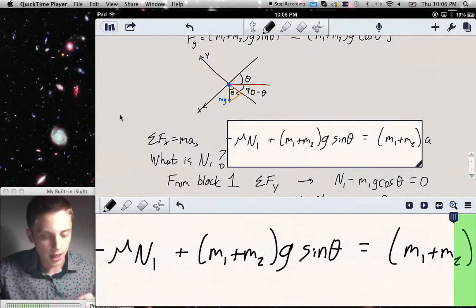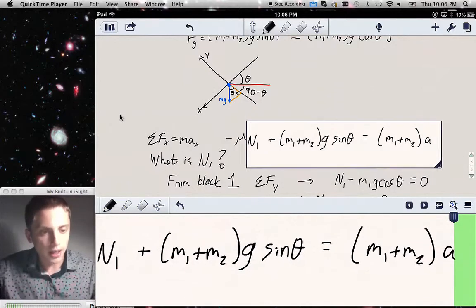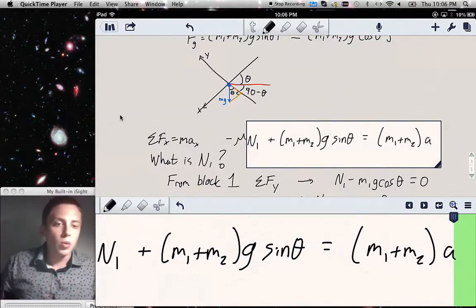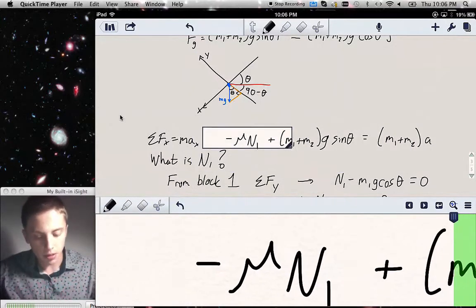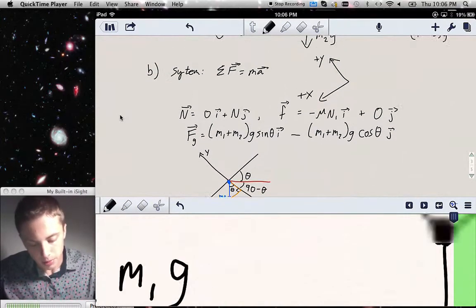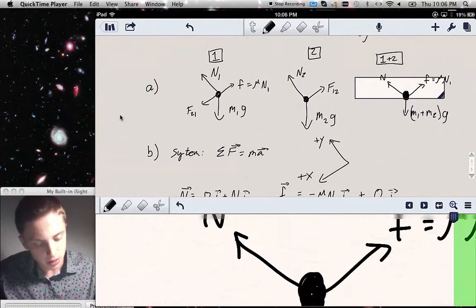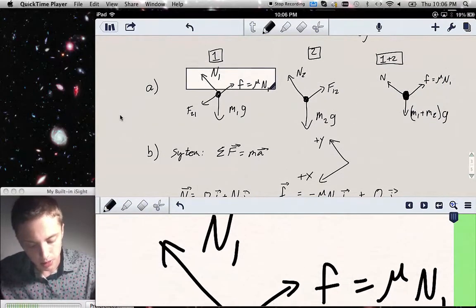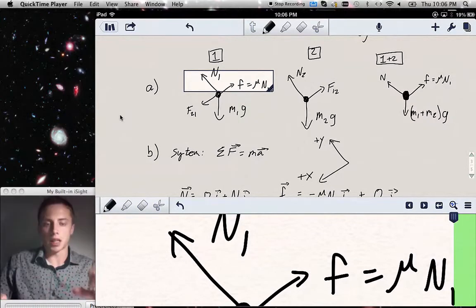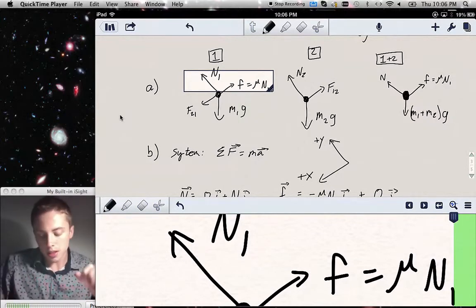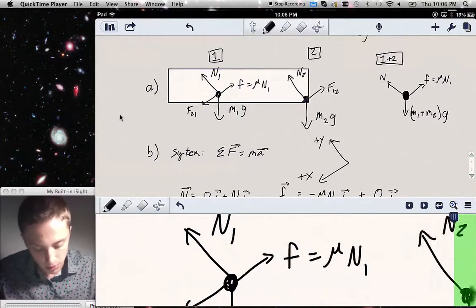Solve the equation for A. But we don't know this unknown n1 here. So to get n1, is there another free body diagram that contains n1? Yes, this first one, from just block 1. N1 is in the y direction. So if we sum the forces in the y direction on block 1, what will we get?